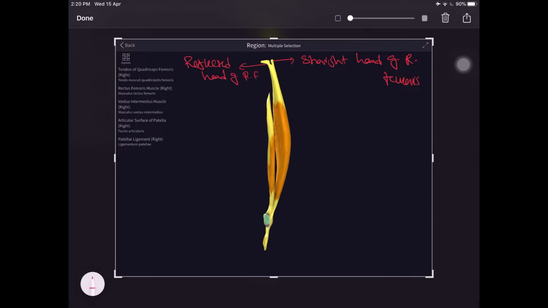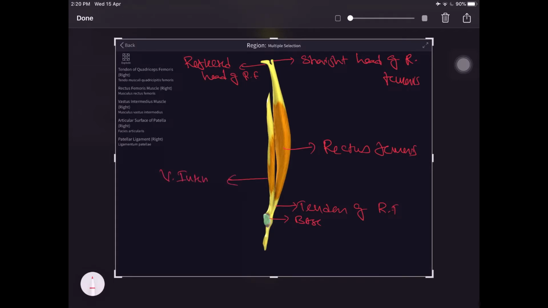Both heads combine into a single rectus femoris muscle, which comes down. This is the tendon of rectus femoris, which inserts into the base in the anterior part.